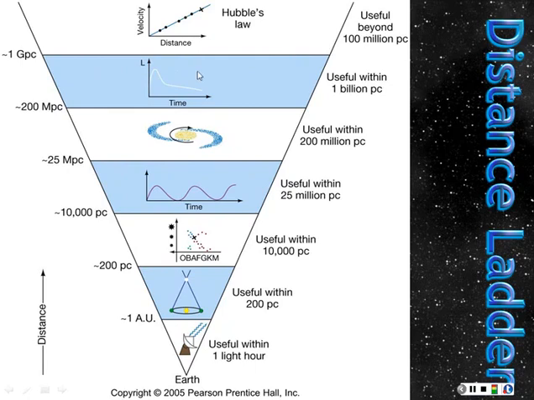This allows us to measure distances to all sorts of different objects. Turns out that the hardest thing is to measure distances to things in our own galaxy that are not associated with a cluster or whatever, because they're too far away to use parallax, but they don't have enough information. They're not Cepheids, and they're not in a cluster, so it's really hard to measure their distance.